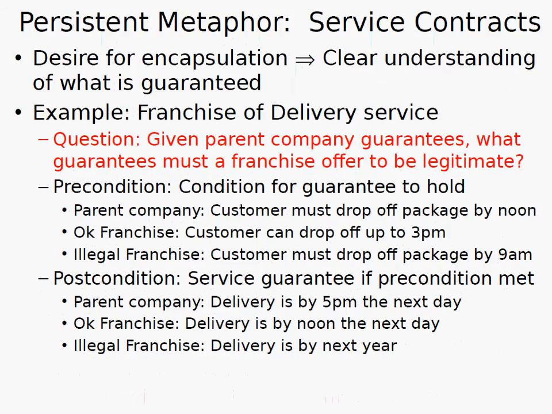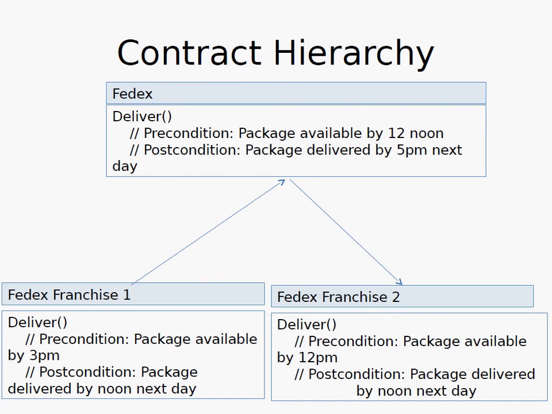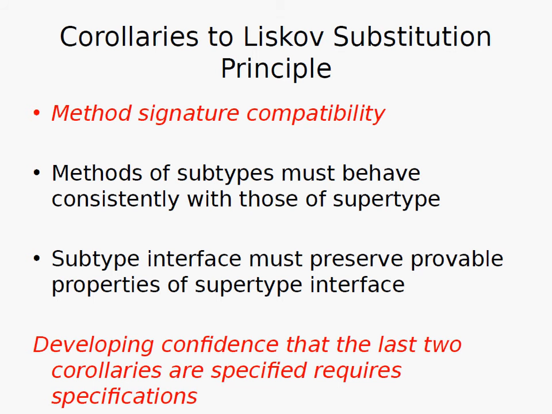Promises being made by these guys down at the bottom in light of the promises made by FedEx. And we're asking, what would cause someone to be upset if they're counting on the promises of FedEx? What sort of franchise would cause big problems for them? Would deliver negative value? And what sort of franchise would be viewed as perfectly legit? That's the question we're getting to.